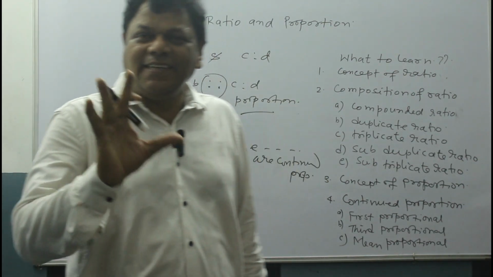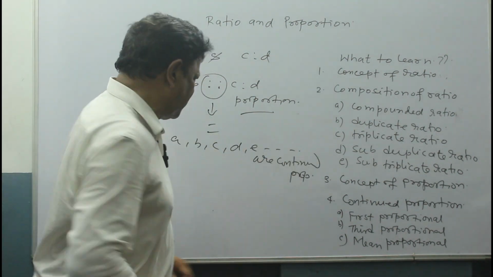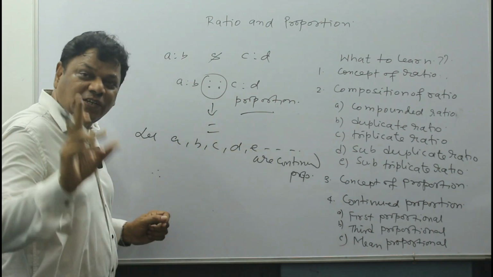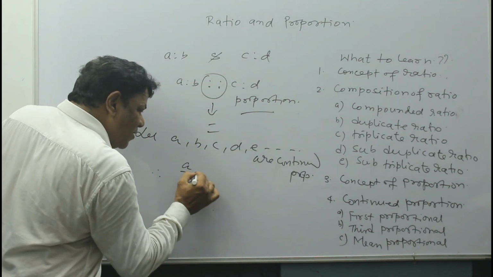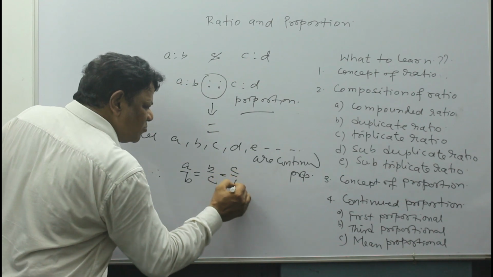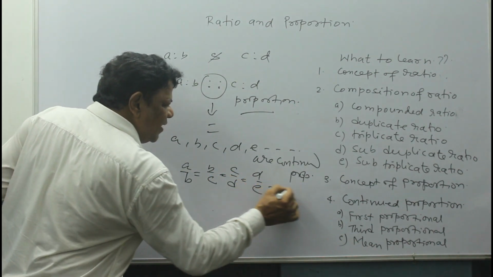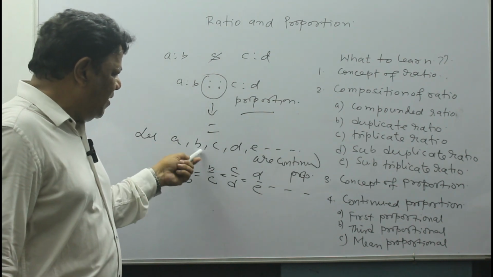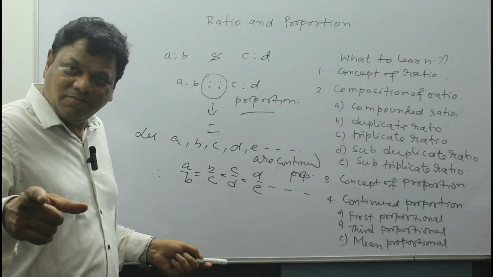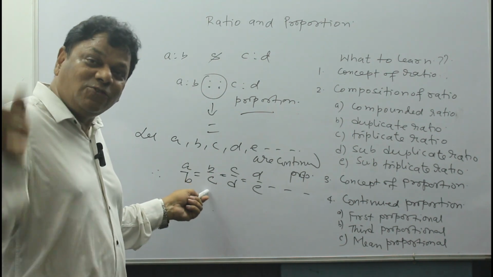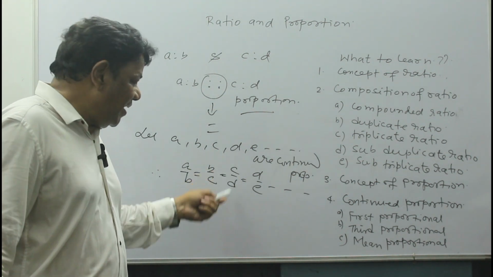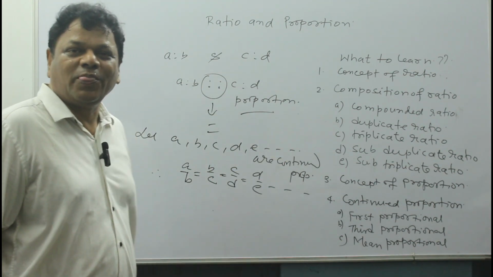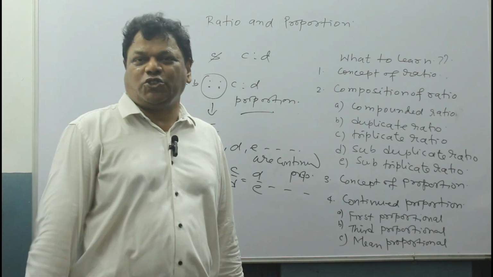If A, B, C, D, E are in continued proportion, that means A by B must be equal to B by C, must be equal to C by D, must be equal to D by E. If A by B equal to B by C is coming, B by C equal to C by D is coming, C by D equal to D by E is coming, if it comes like this, that is said to be continued proportion.